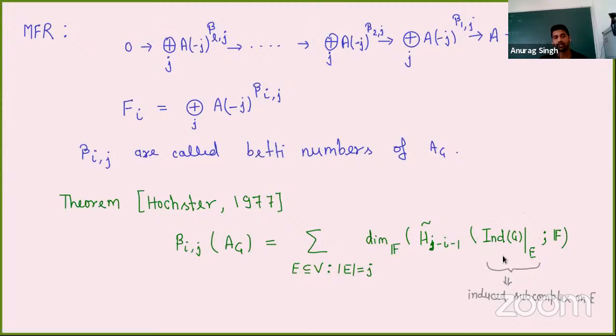So you can compute this Betti table using algebraic methods, as well as by computing the independence complex and its induced subcomplexes and their homology. This will also give you the Betti table of the quotient ring. So you can study these complexes and compute the Betti table for the quotient ring.